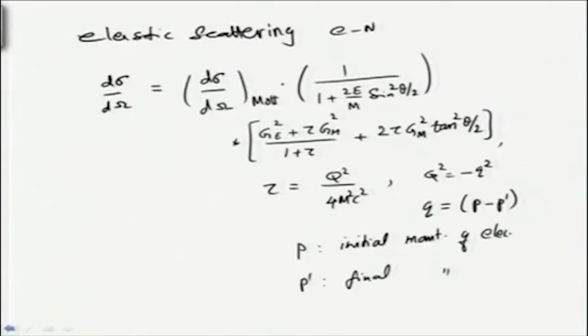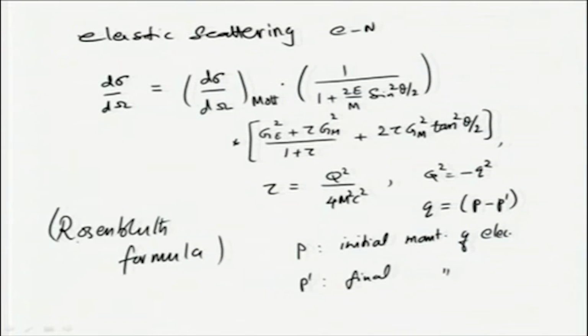The earlier formula that we had here is basically called the Rosenbluth formula, and G_E and G_M are the electric and magnetic form factors which depend on q square.